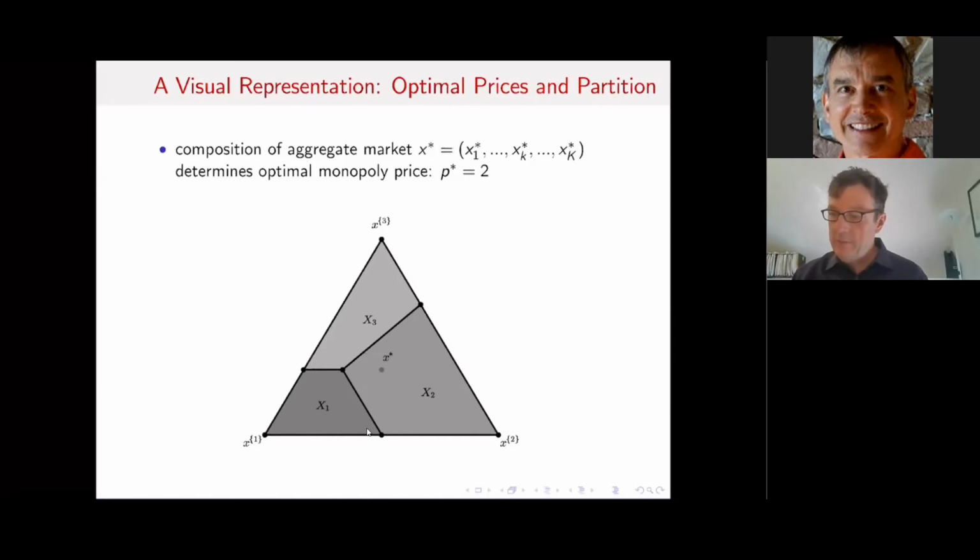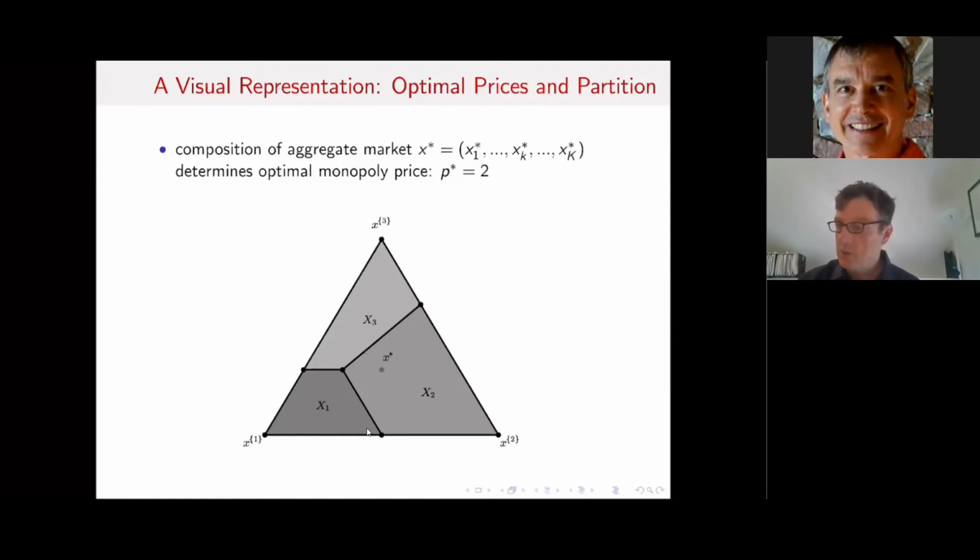And so if our aggregate market is a uniform distribution, what we see here is that optimally I would charge the price 2. It will be easy for you to convince yourself of that, because if I were to charge a lower price, say 1, then I would sell to all of the consumers. So I would sell with probability 1, but I would only get a revenue of 1. So that gives me an expected revenue of 1.